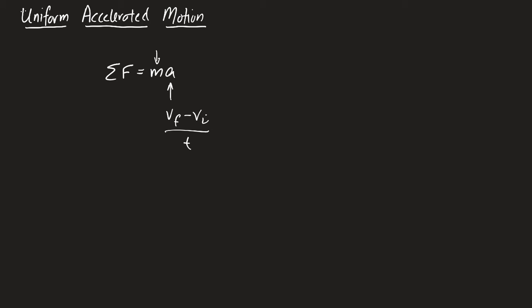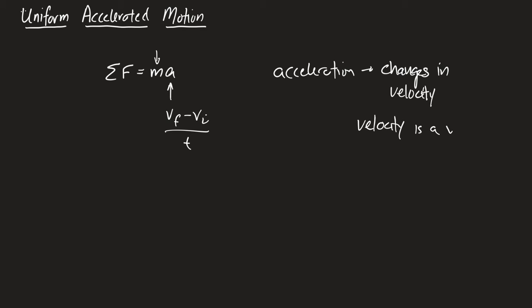But I need you to have a broader view. Acceleration isn't just about speed. Acceleration is about changes in velocity. And velocity is a vector, which means that velocity has both speed and direction.